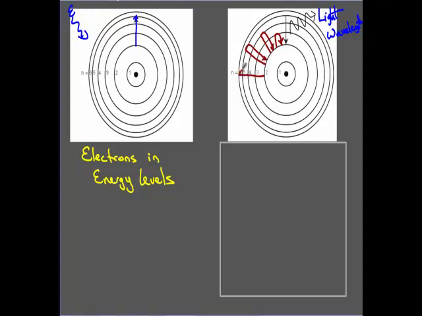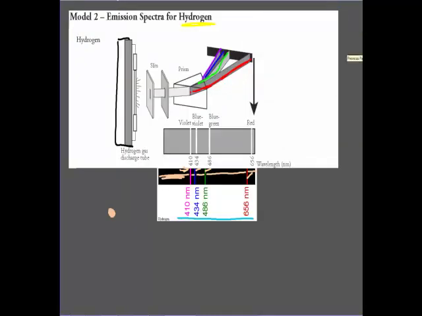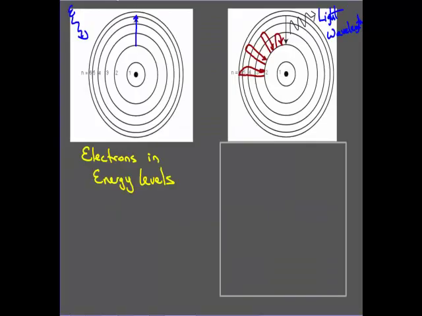Or the second to the sixth and fall back down. So Niels Bohr's model actually accounts for that bright line spectrum we saw over here. It accounts for the fact that there are specific wavelengths of energy. Those correlate or match up to specific jumps from the second energy level to the sixth, then falling back down, and on and on and on.